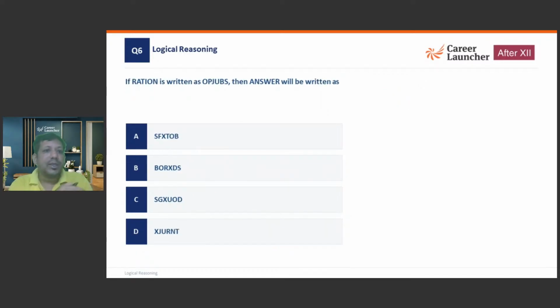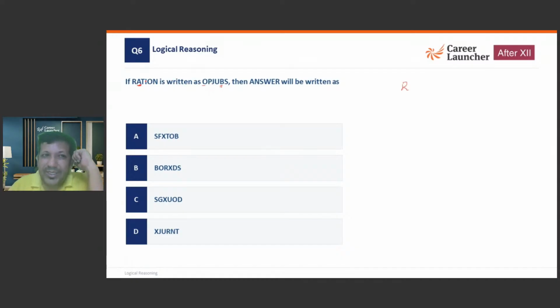This one, the RATION is written as OPJBUS. So R is what? Look, R is O. Again, if I look at it, it is A, and the nearby alphabet of A is B, right?